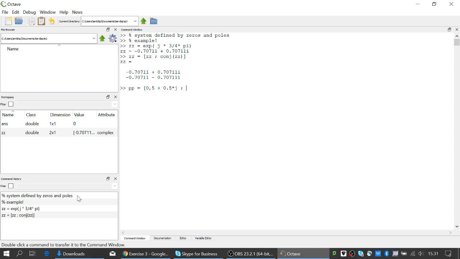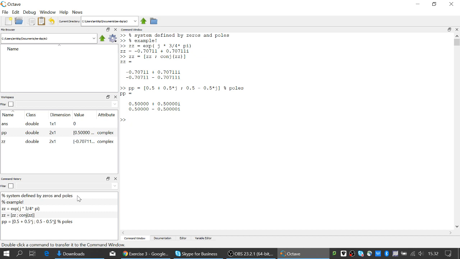It's easy if you can type. So again, we have a complex conjugate pair. So these are the poles of the system.